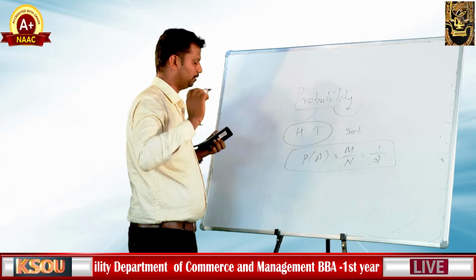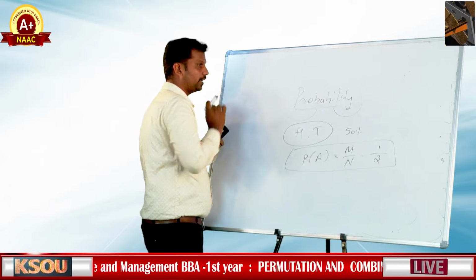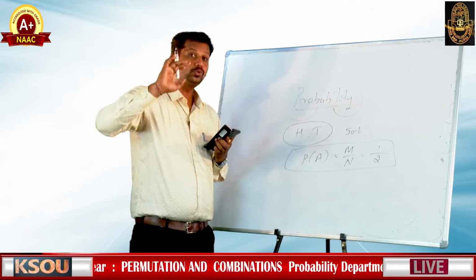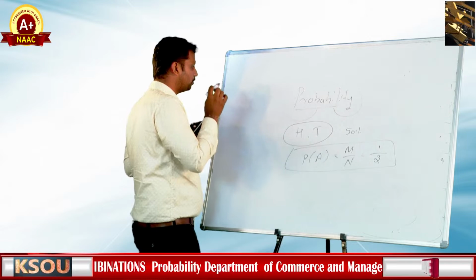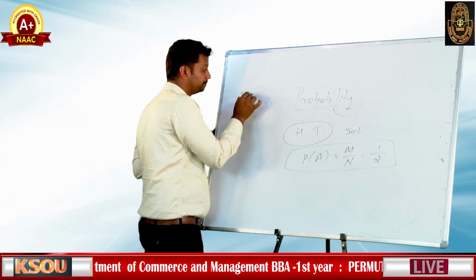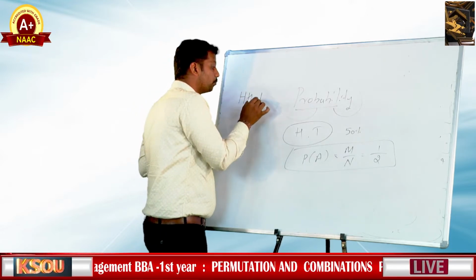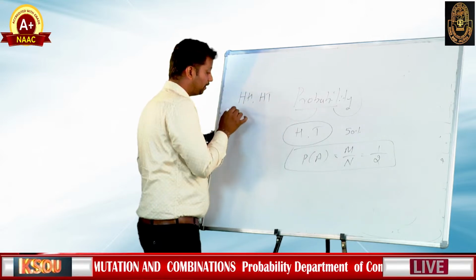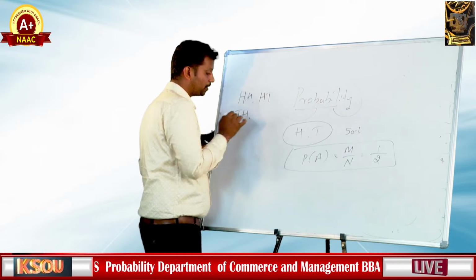Let us give another example. If you toss 2 coins, what is the probability of getting both coins head? If you toss 2 coins at the same time, both coins being head is my expectation. Coin 1 head and coin 2 tail is one possibility. Coin 1 tail and coin 2 head is also possible.